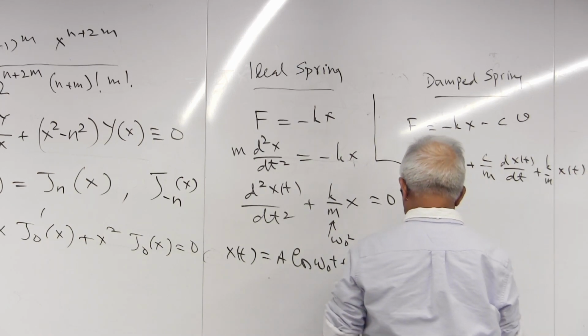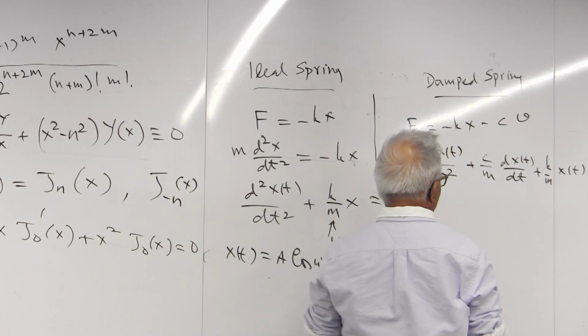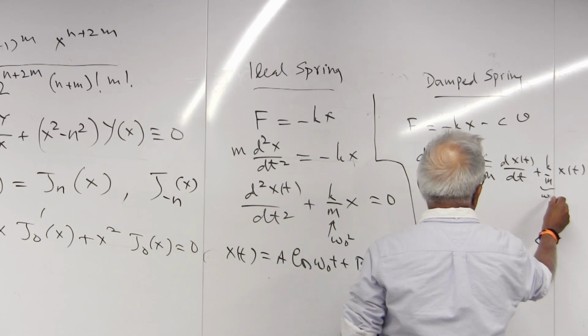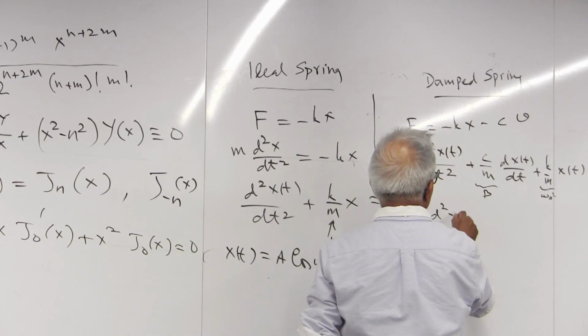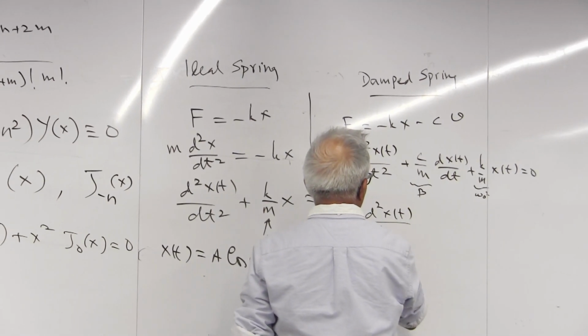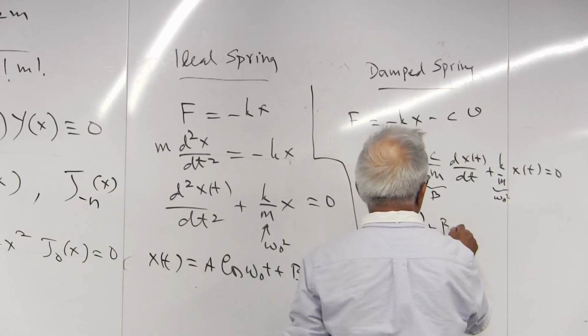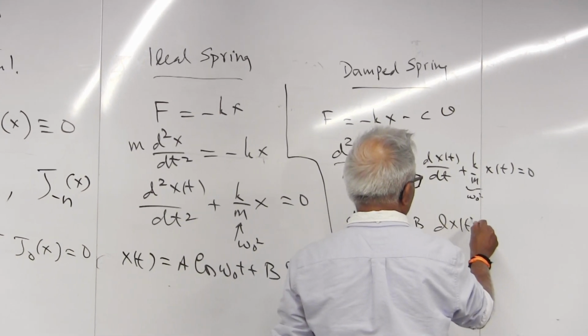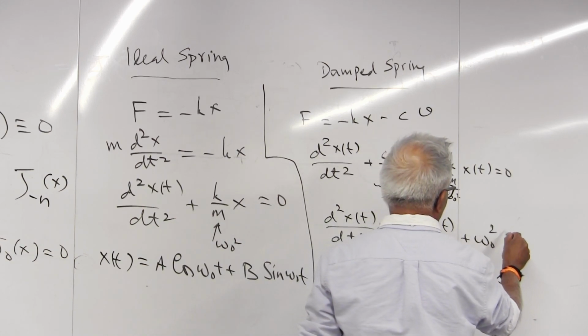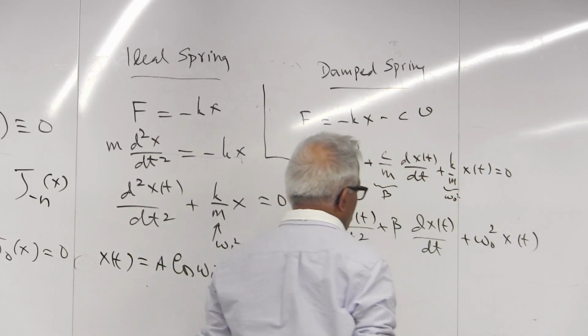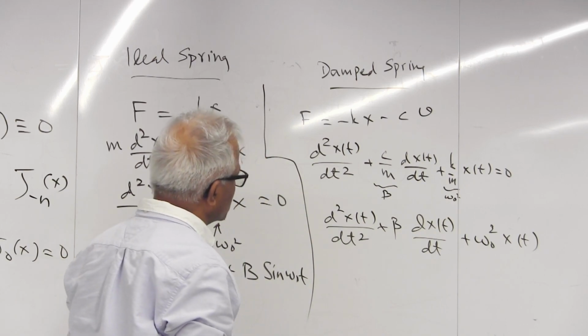If I call this omega naught squared, as before, and this beta, we rewrite it as d²x/dt² plus beta times the derivative plus omega naught squared x. Again, it's a standard differential equation, and its solution has three cases.